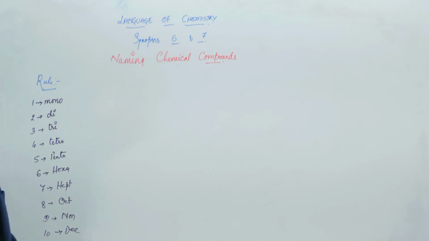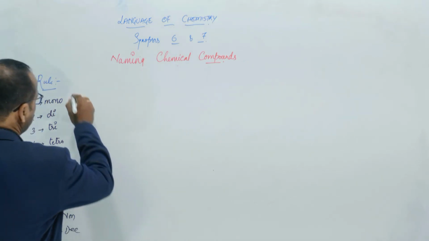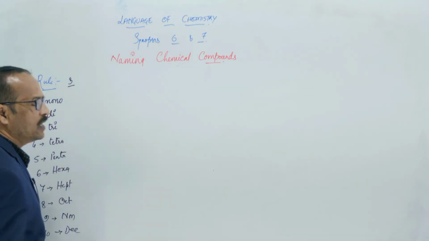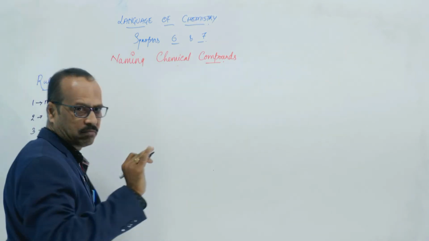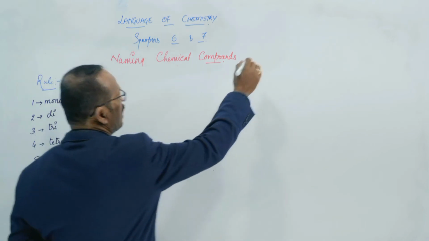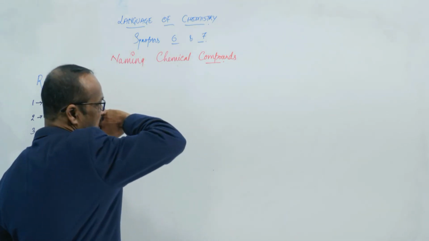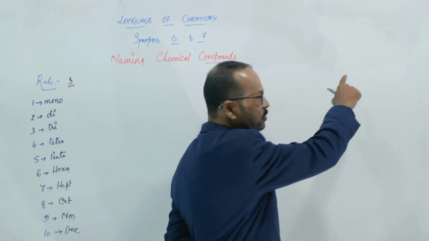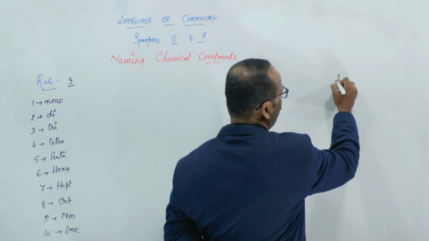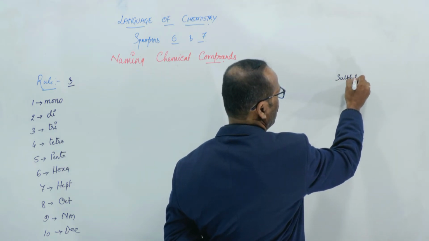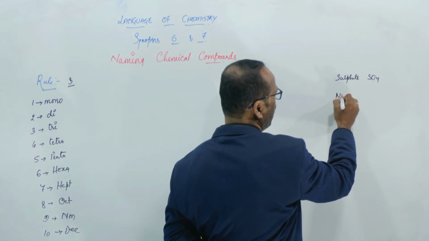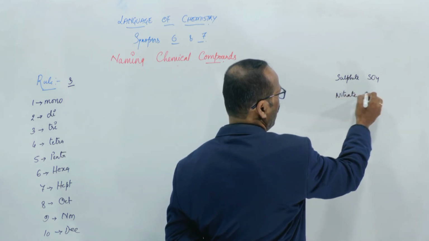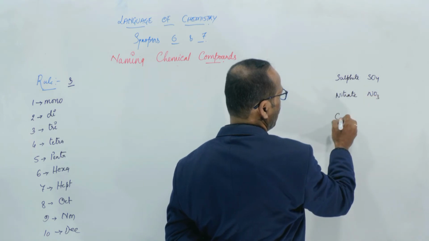See students, here we already discussed that SO4 is called a sulfate. Okay, you know that. Sulfate, SO4. And nitrate, NO3.